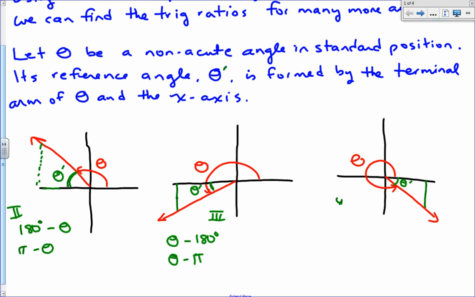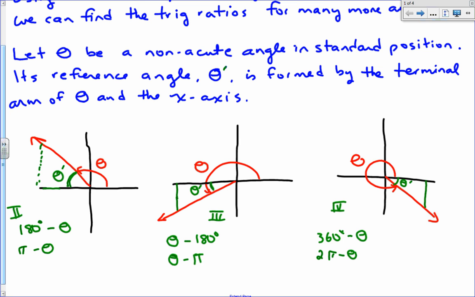Really, these both are taken care of by the absolute value of the difference of 180 degrees and theta. And in quadrant 4, our reference angle is the difference between 2 pi radians and theta, or 360 degrees and theta. So it'll be 360 minus theta, or 2 pi minus theta.